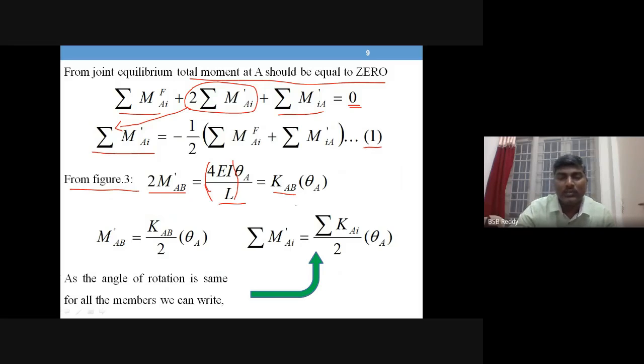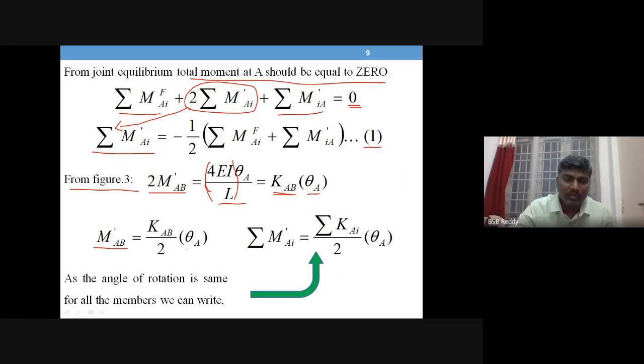We have been using the K value even in the moment distribution method. What is K if the far end is fixed? 4EI by L. So KAB into theta A. What can you write for M dash AB?